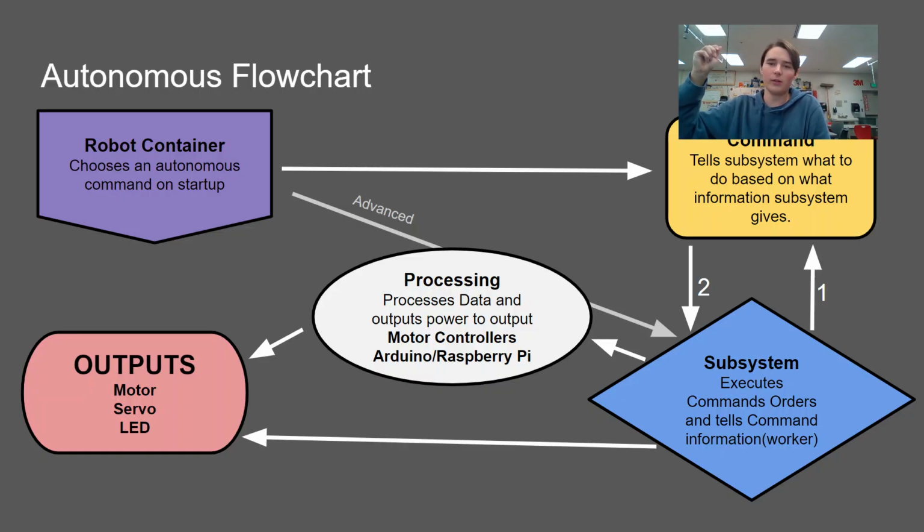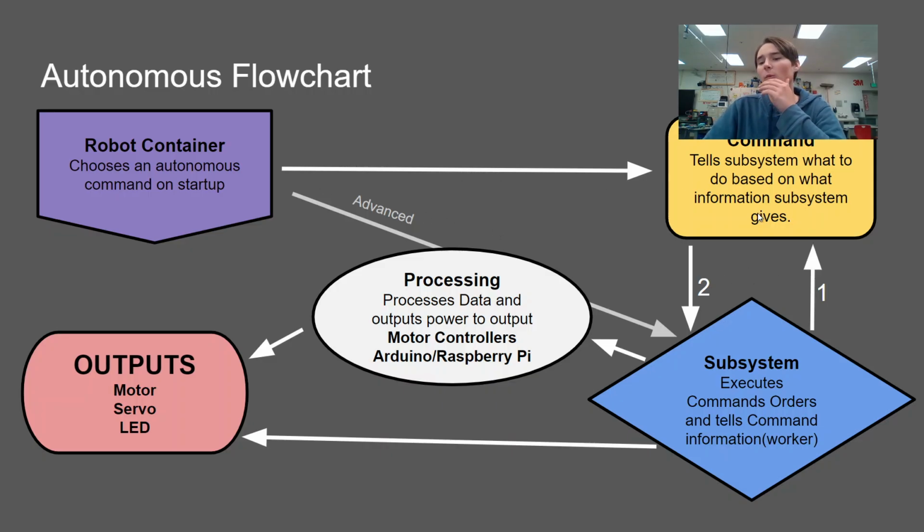One of our autonomous modes is going out, turning, shooting a ball, and then going to pick up something. And maybe another autonomous mode is the climber. So it'll go over to the climber station, grab something, and pull itself up. And maybe we have those two, and we can choose based on our teammates what to do. So that's what you do in the code. You choose which autonomous mode you want it to be on, and then that calls a command. Or, in more advanced cases, it does this, but we won't worry about that.